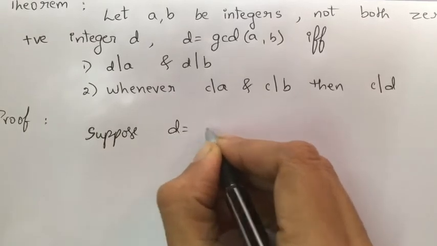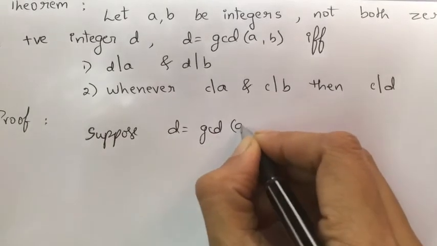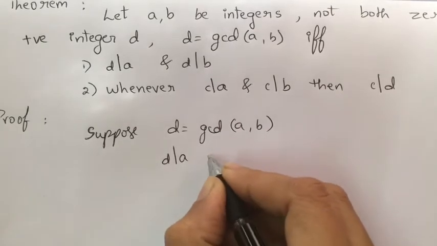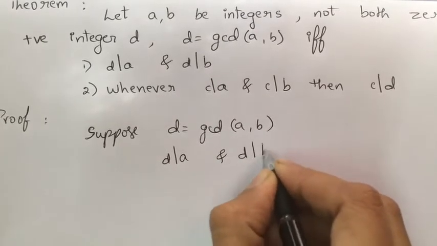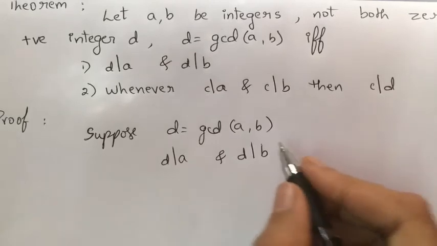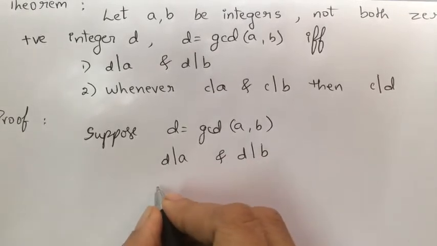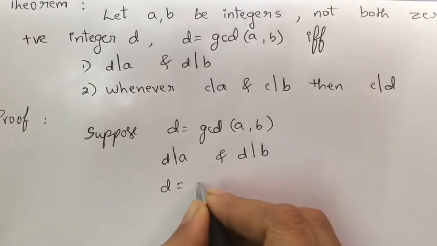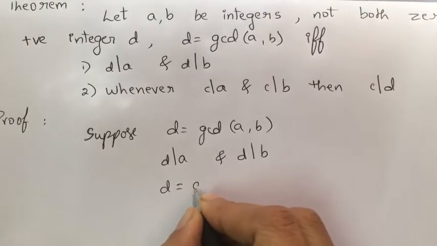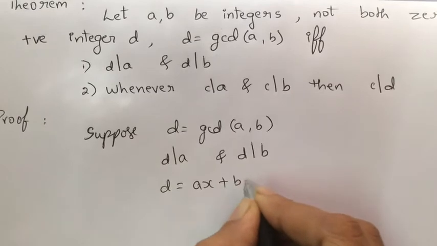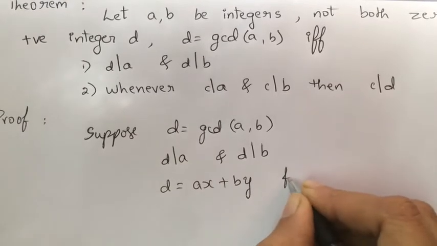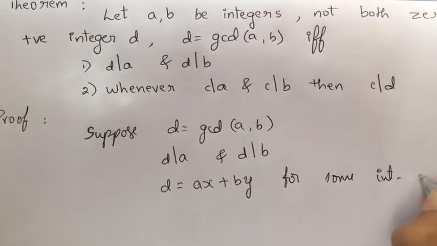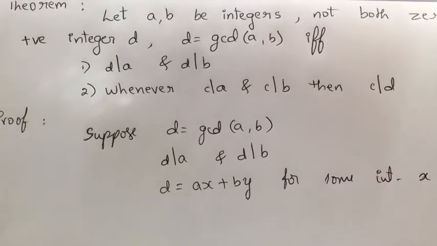suppose d is a GCD of a and b, then d must divide a and d must divide b by definition. So I can write this GCD d as a linear combination of a and b as ax plus by for some integers x and y. Right.